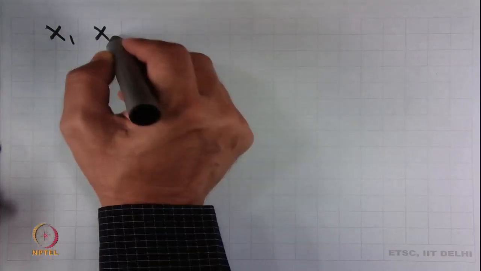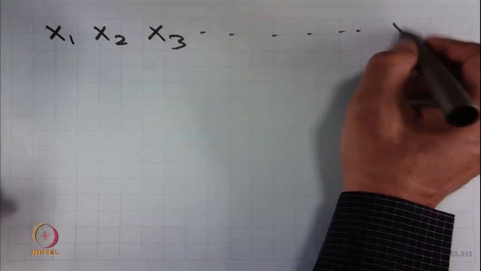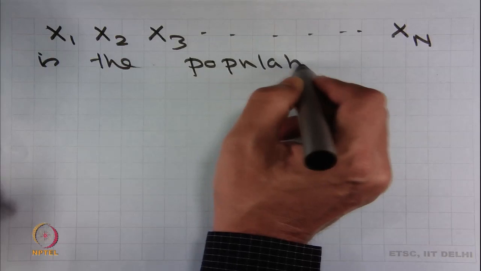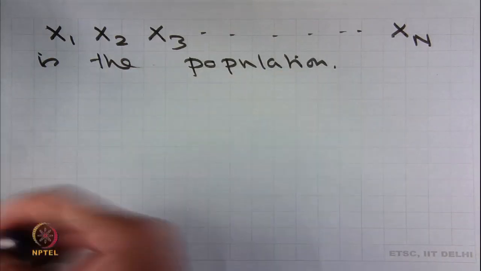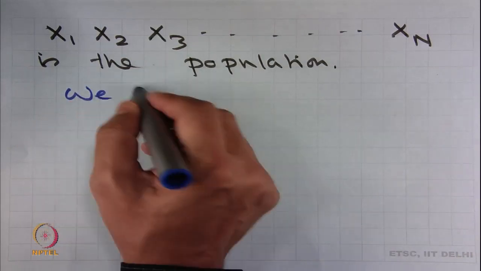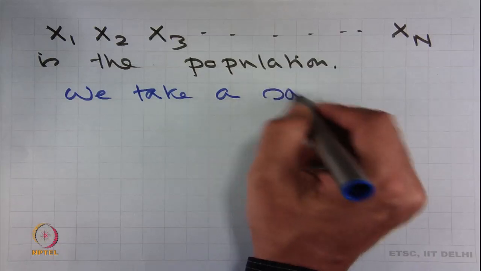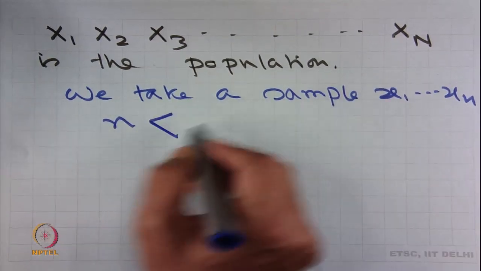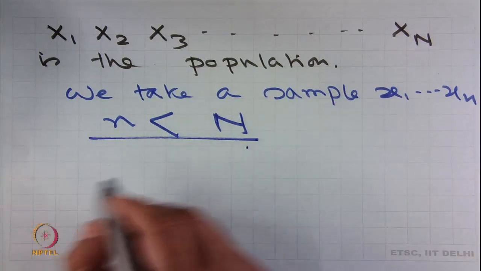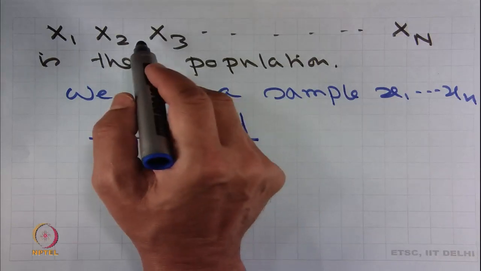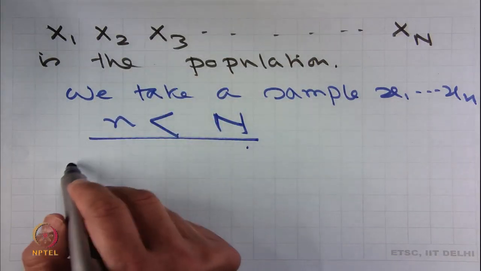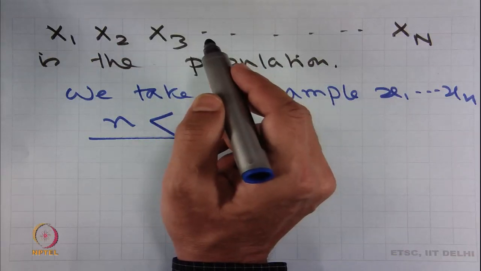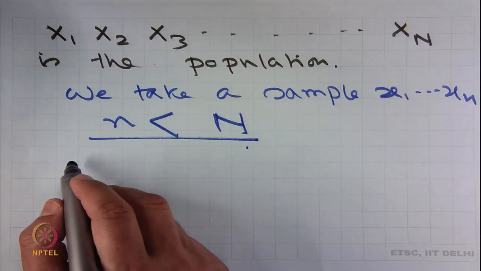Suppose x1, x2, x3, ..., xN is the population, and we take a sample x1, x2, ..., xn, where n is much less than N. If after taking one sample, we put it back into the population before choosing the next sample, this is called simple random sampling with replacement.